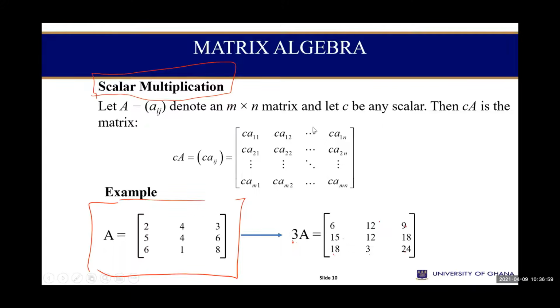So if I have, let me pick, a matrix B giving us 4, 3, 2, -1, 2, and 3, and I have a scalar 2 to multiply, it's just to say that 2 times matrix B will give me 2 times the first element. 2 times 4 is 8, 2 times 3 is 6, 2 times 2 is 4, 2 times -1 is -2, 2 times 2 is 4, 2 times 3 is 6.